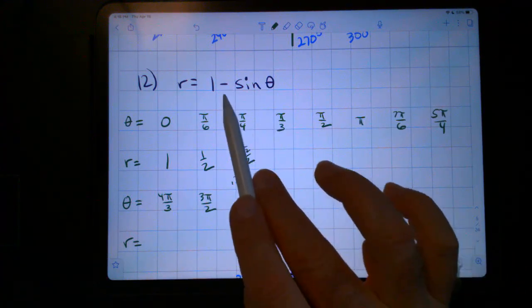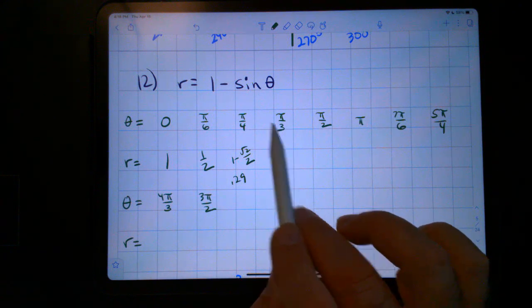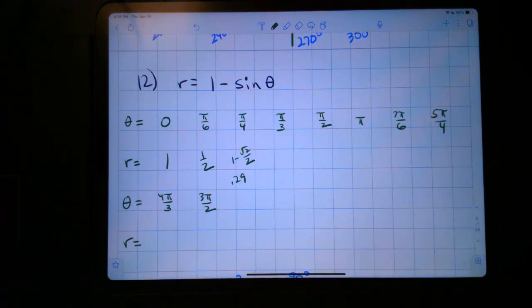Okay. Sine of pi over 3 is radical 3 over 2. So 1 minus radical 3 over 2 is 0.13.